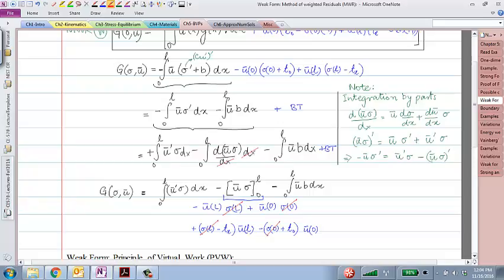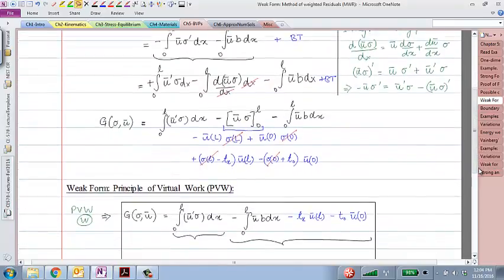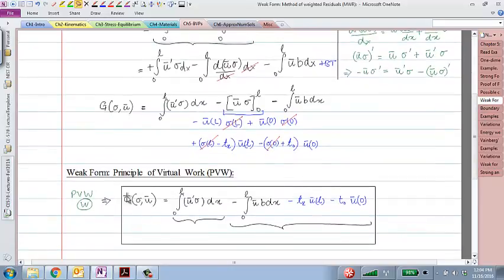So that leaves me with a much simpler weak form where I have u bar prime sigma, that's this term, minus u bar b, that's the body force term, and now I have two remaining boundary terms, that's u bar L times TL and u bar 0 times T0. Those are these two terms.